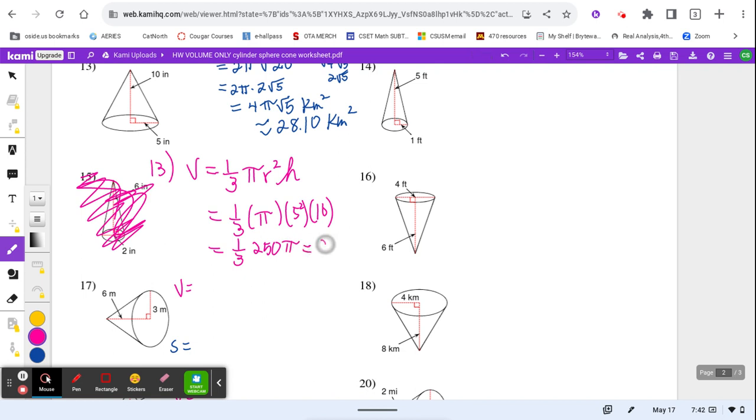And so that gives us 250 pi thirds as the exact answer. And then that's going to be 261.80. And this is in inches cubed.